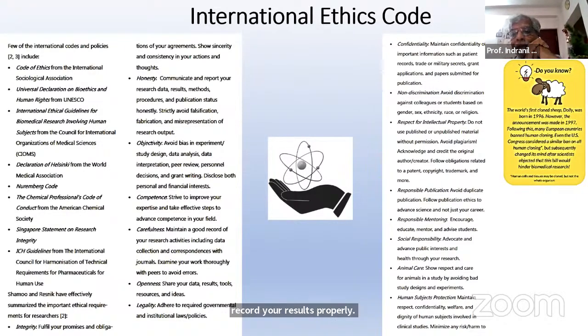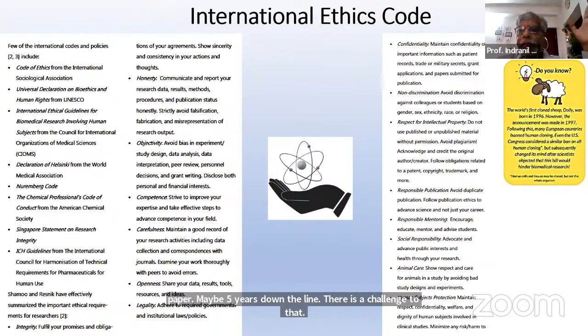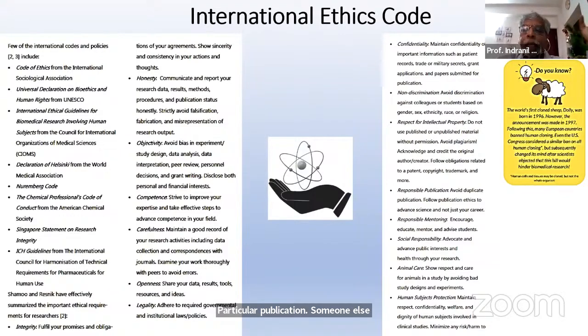Suppose a medical researcher or a life science researcher is recording some results in his lab notebook, and based on those records, he or she has published a paper. Maybe 5 years down the line, there is a challenge to that particular publication. Someone else says, no, I believe it was not properly done.